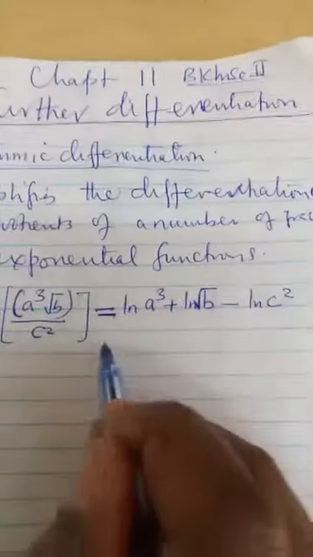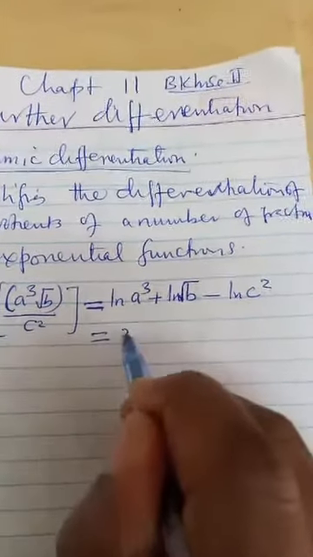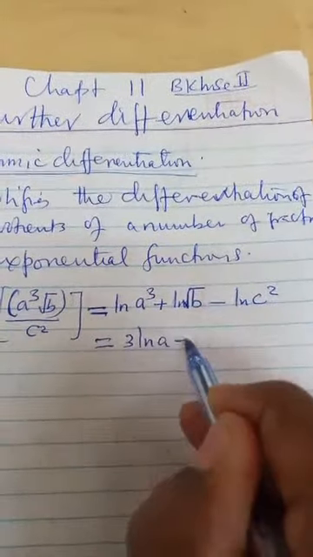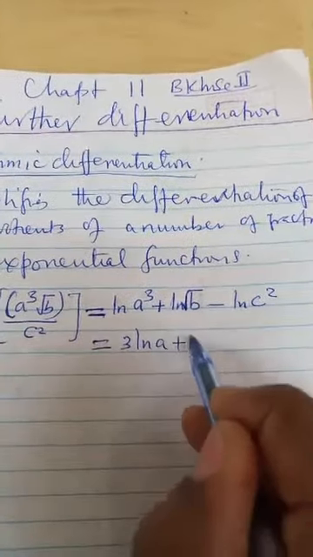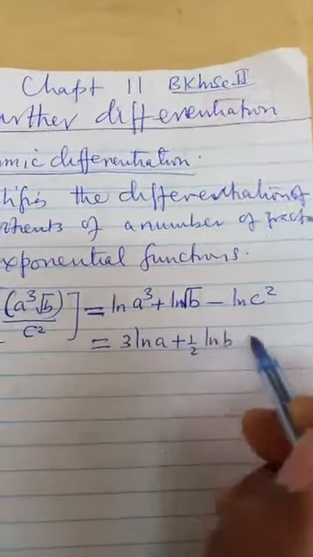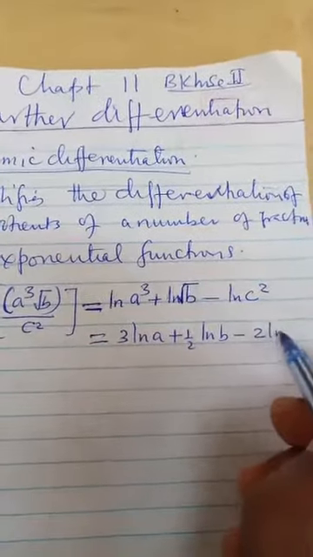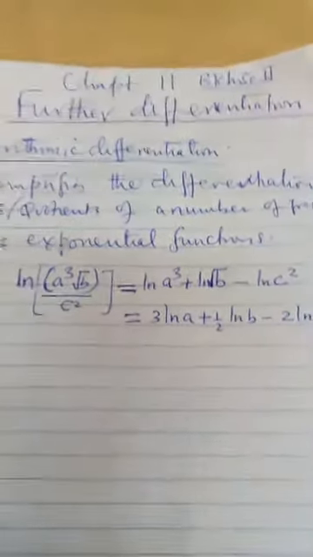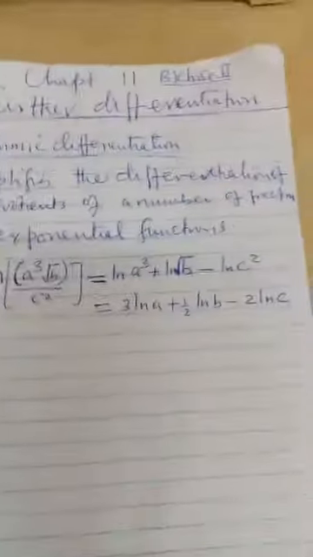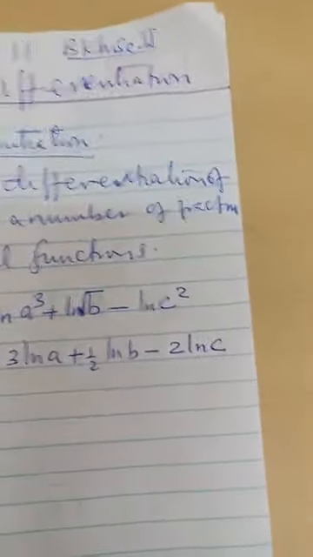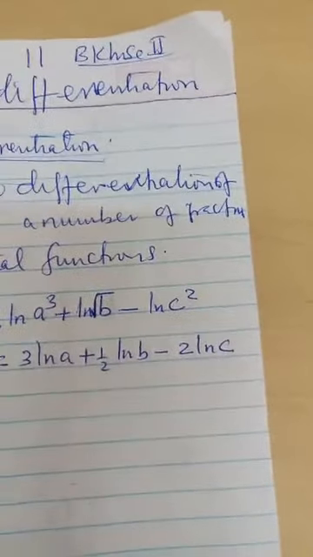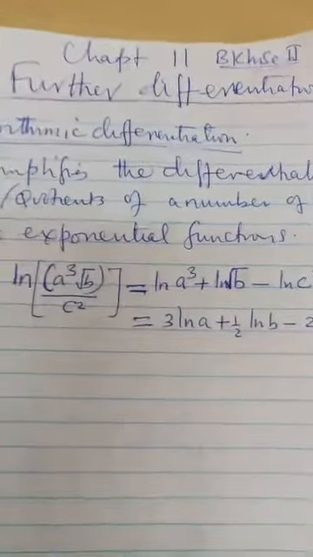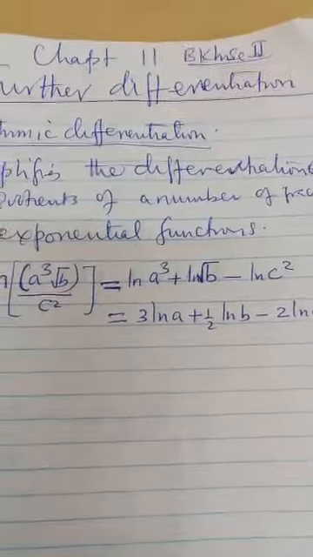And we can look at this as 3 ln of a plus a half ln of b minus 2 ln of c. If we already have that knowledge, it makes it easier for us to advance. In other words, we need to first of all be able to simplify a given function in that kind of format.